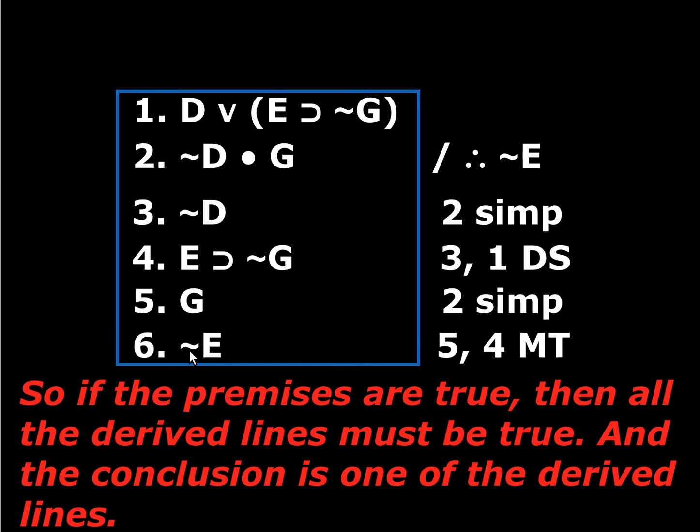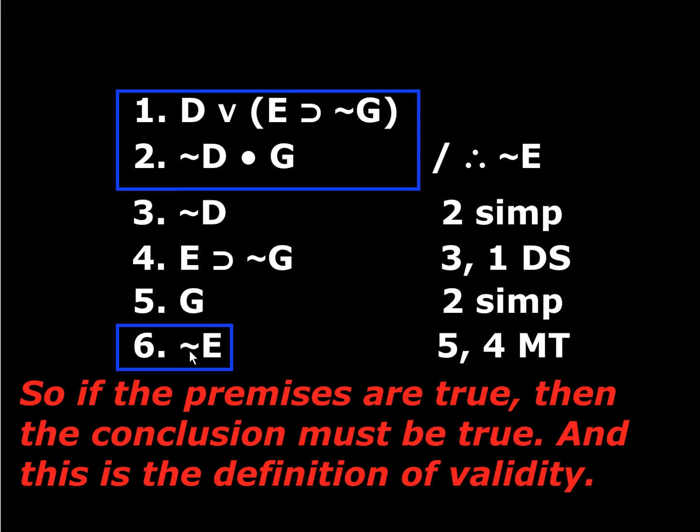Okay? So if you think about it, what this means is that if the premises are true, then all of your derived lines have to be true, because we got them with truth-preserving rules that were applied to true things. So if the premises are all true, then every line we derive from those using the rules is going to be true. And we managed to derive the conclusion. That's our last derived line.